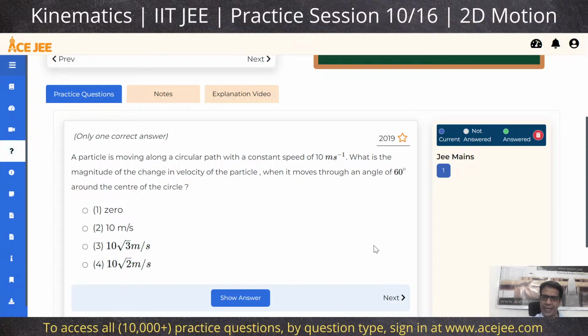Let's take a quick crack at this question. Change in velocity. Change in velocity.